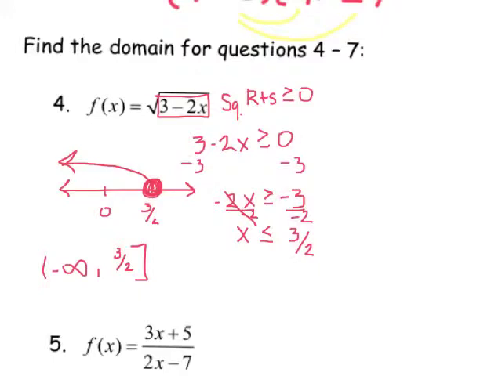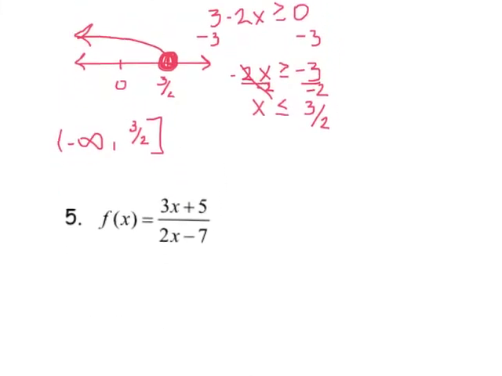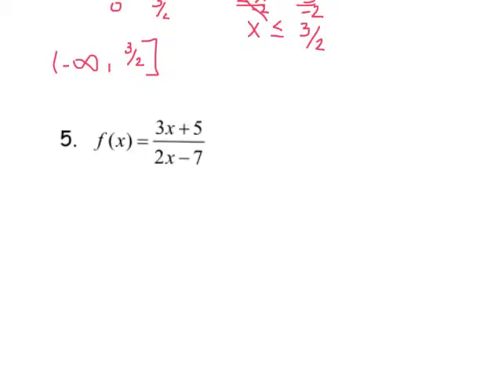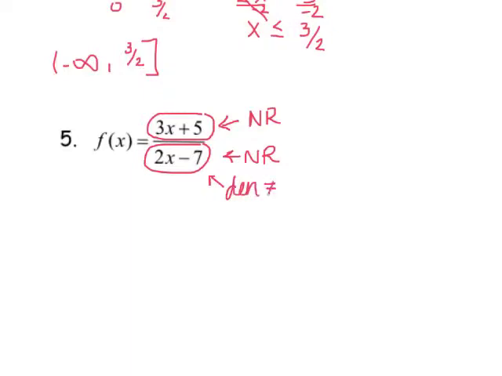So we've got a closed circle, and we're going to go to the left. So that's from negative infinity to 3/2. Okay. All right, number 5. Now this one's a more complicated one because I've got this denominator thing. So this is where we think of these as individual things. 3x plus 5, when I first look at that, has no restrictions. And that's all I have to do on the top. On the bottom, I look at 2x minus 7. It also has no restrictions. But because it's in the denominator, we have to do that extra step of saying the denominator is not allowed to be 0.